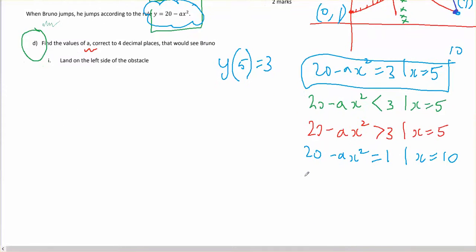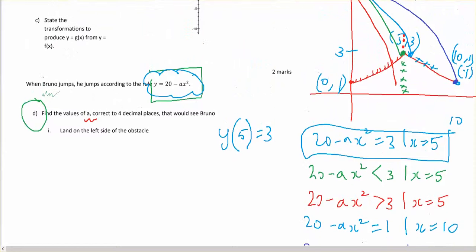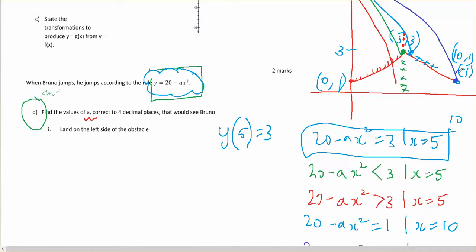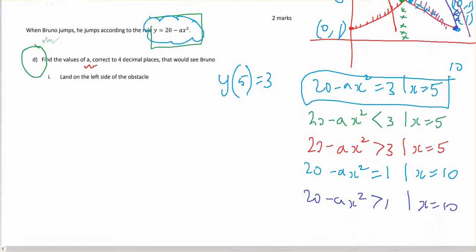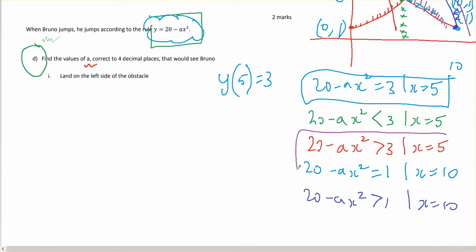So if I did 20 minus ax squared is bigger than 1 given x equals 10, then those A values will mean that it goes through higher than 1 when x equals 10, and that will be Bruno jumping and totally missing. I should be able to work out when he lands on this to give the A values in between here.